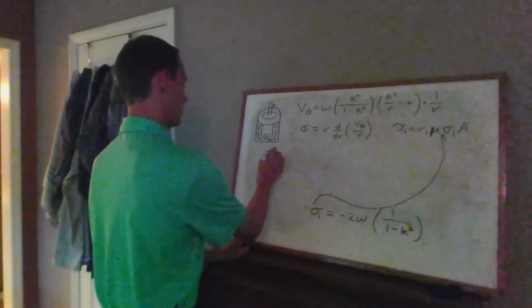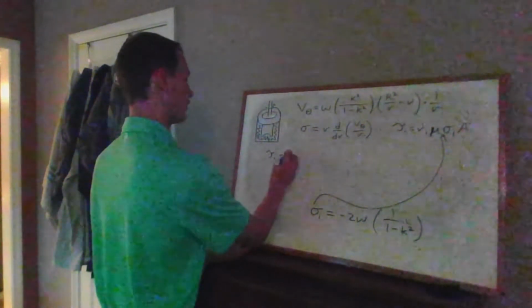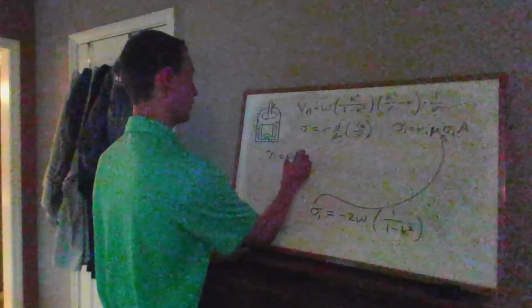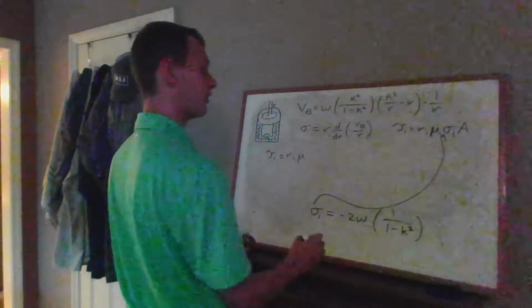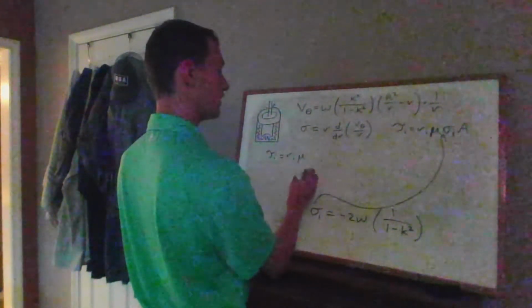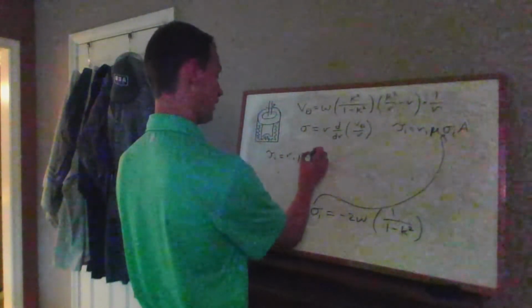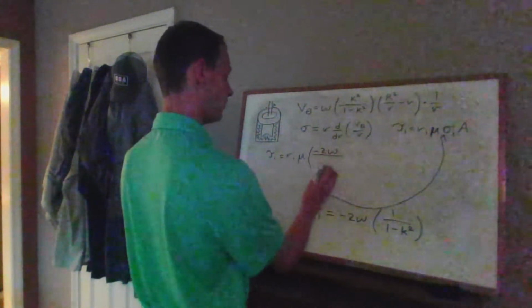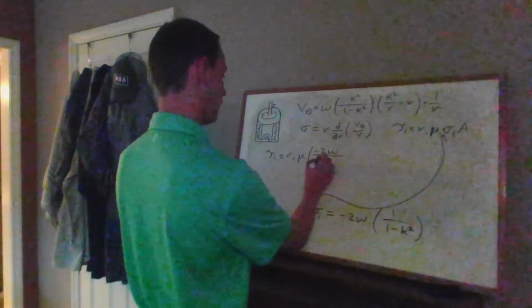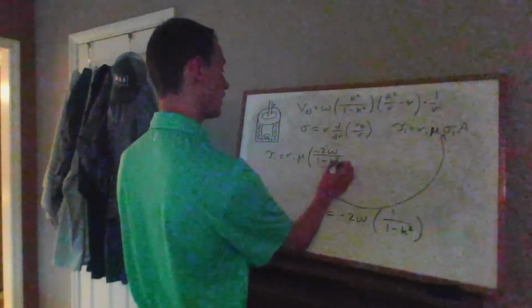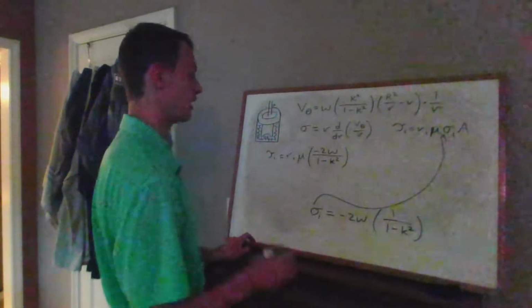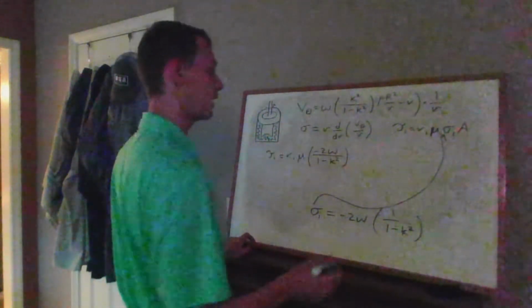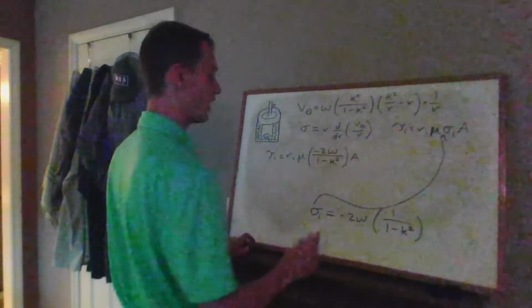The torque on the inner cylinder is equal to the inner radius multiplied by the viscosity of the fluid multiplied by the shear rate at the inner cylinder, which is -2 times the radial velocity over 1 minus k squared, where k is the ratio of the inner cylinder radius to the outer cylinder radius, multiplied by the area of contact.